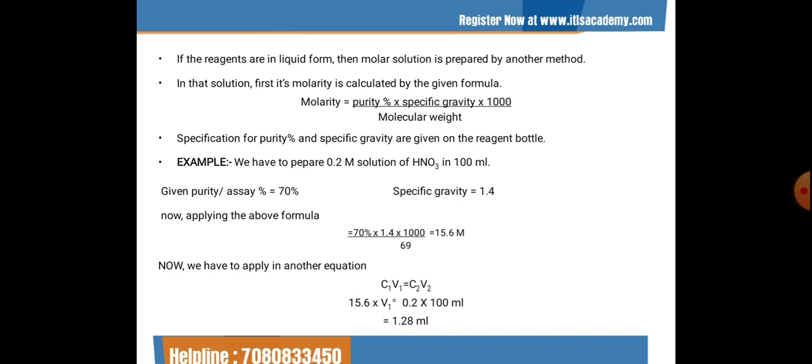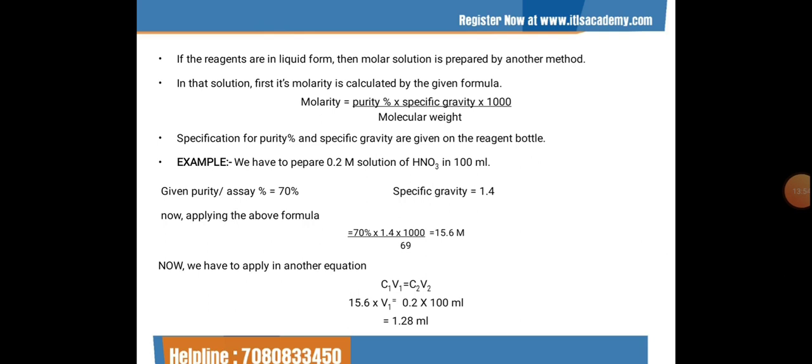Suppose we have to prepare a 0.2 molar solution of HNO3 in 100 ml. Now what we have to do is, here we have the HNO3 in liquid form. So from the liquid, first we have to calculate the molarity of that particular reagent bottle, that is, in which concentration we have the HNO3.